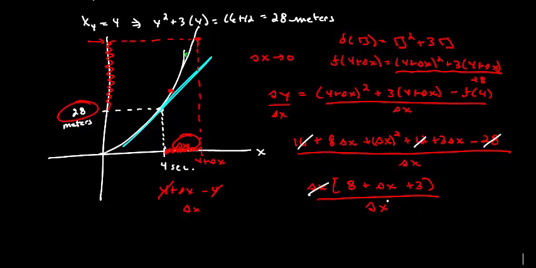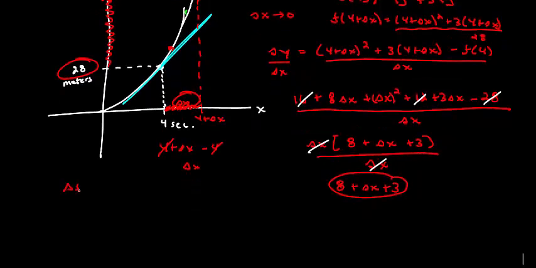If we cancel those out, we get just 8 plus delta x plus 3. So as delta x goes to 0, as it gets super small, this piece right here gets super small as well. So 8 plus delta x plus 3 goes to 8 plus 3, which is 11.